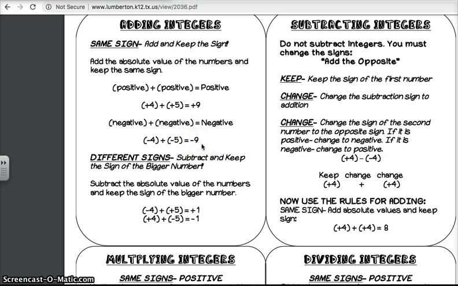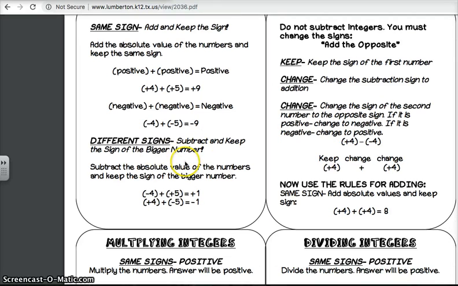Now when it gets a little bit confusing is when we're talking about different signs. If you're adding two different signs, ultimately you're subtracting because you're going to be adding in one direction but taking away in another. We can think about it in terms of temperature sometimes. If I start off at negative 4 degrees and then I add 5 degrees, our overall temperature would be a positive 1, or would be 1 degree. And so that works both ways, where you're adding a positive to a negative or a negative to a positive.